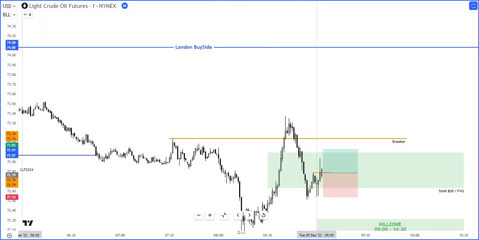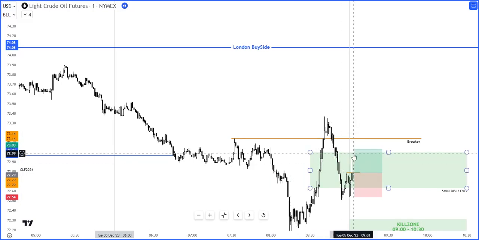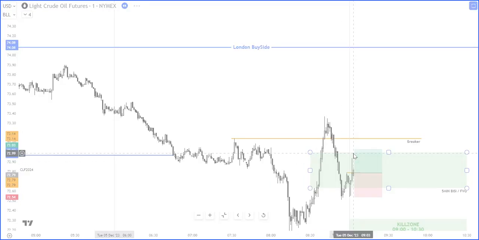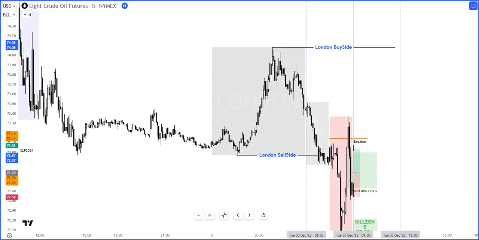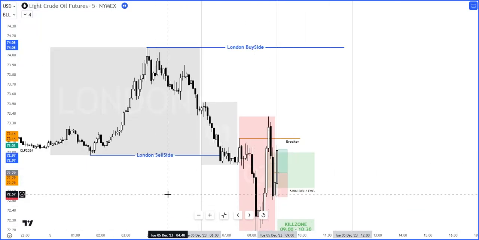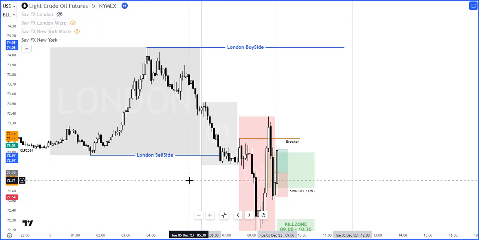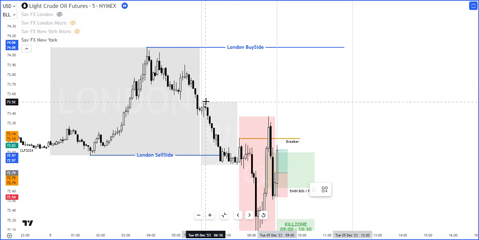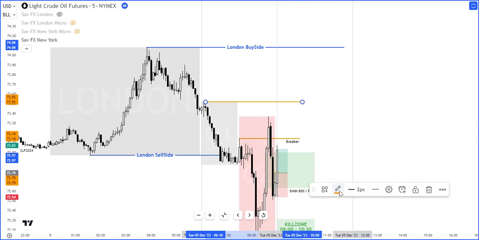And our first target, let's go back to the 5-minute time frame, would be the accumulation high. Let's just see. Our first drawn liquidity, right? If I was to remove this, let's just do it like this, would regard this range right here.